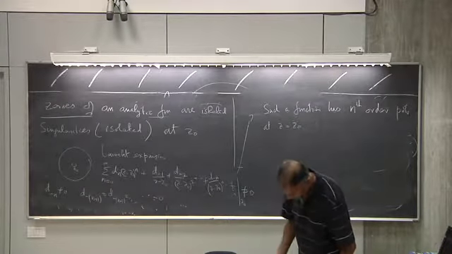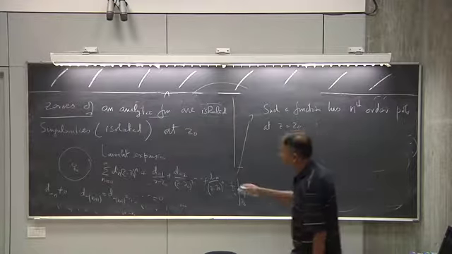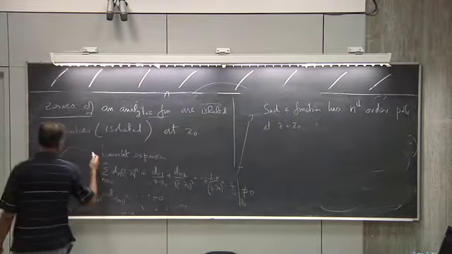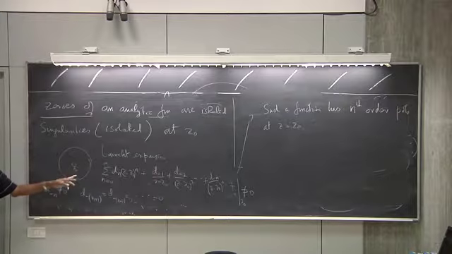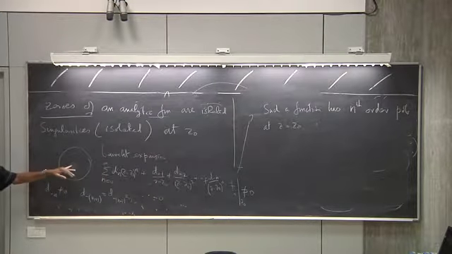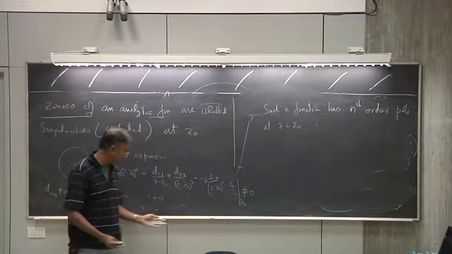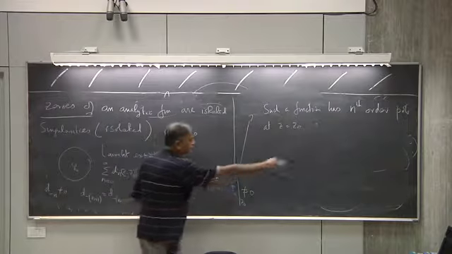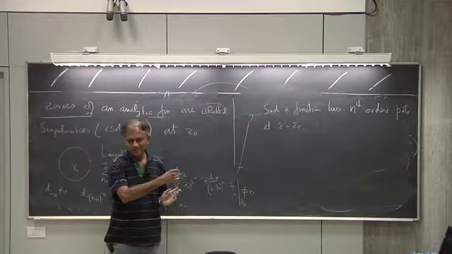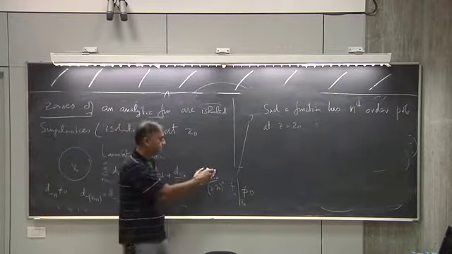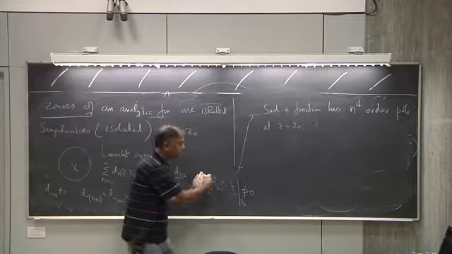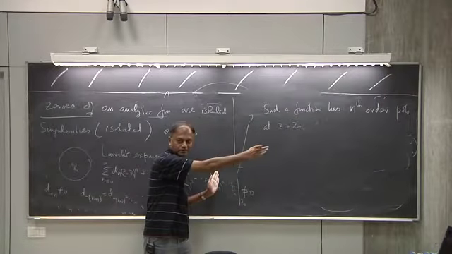Yeah. Again, another definition. If there is a function which has isolated singularities, and those isolated singularities are such that it has an nth order pole, because it could also happen that all these coefficients are non-zero. I am saying let's consider the situation where not all the coefficients are non-zero.